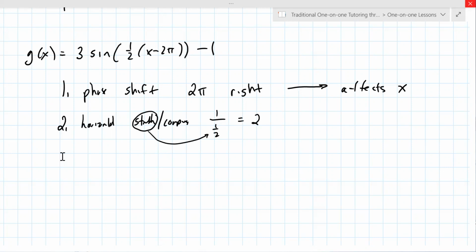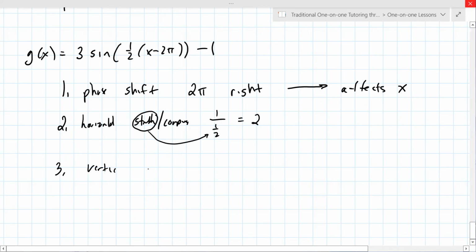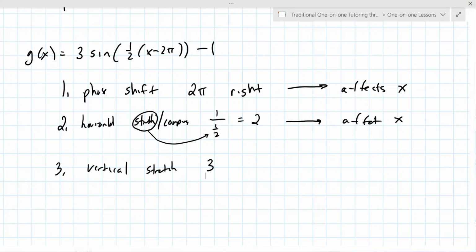The third thing is the vertical stretch or compress. This affects y, and in your problem here, it's 3. It's the amplitude. It's not always the amplitude, because if it's negative, it isn't.